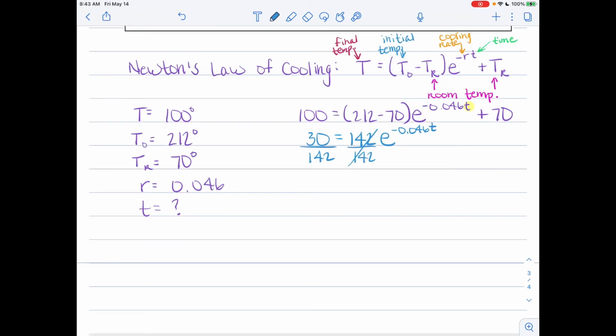Let's go ahead and rewrite this to make it clear. And as I rewrite it, I actually want to swap the right side and the left side. Remember that I need my exponent base raised to the exponent to be on the left-hand side. e to the negative 0.046t is equal to 30 over 142. And now I can go ahead and swirl.